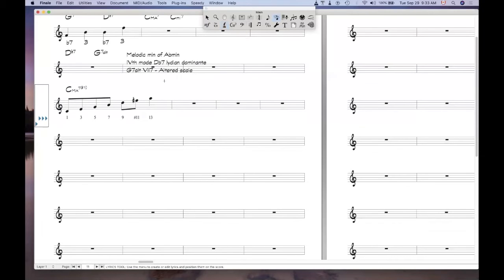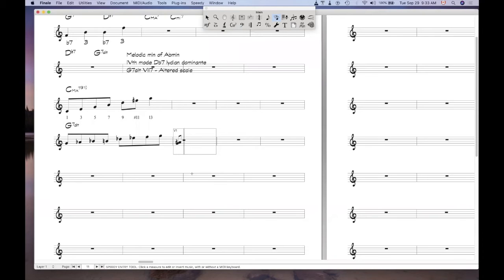But let's say we take the example of G altered. So for G altered, the scale would be this. Okay, I'll make it in flat, like this. We'll go, and this goes for G7 altered. For this scale, if I would write the extension starting on a G, and then move my way up by skipping a note.